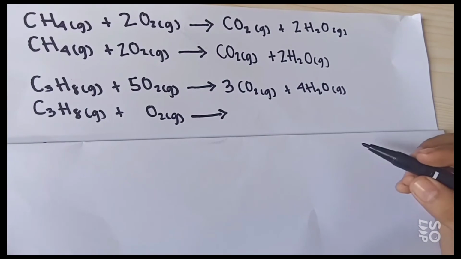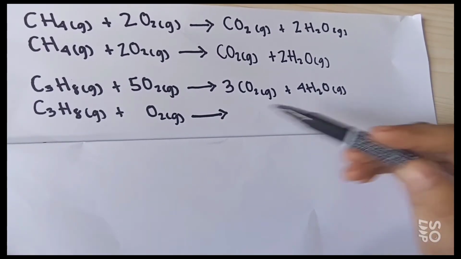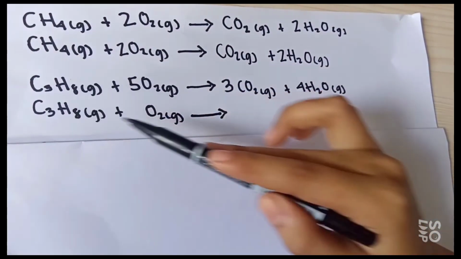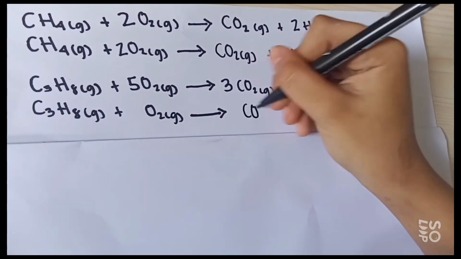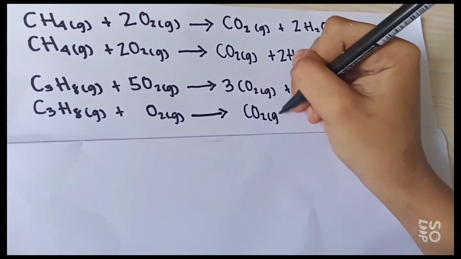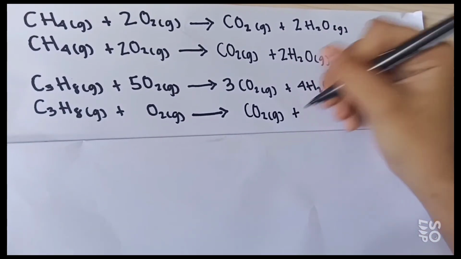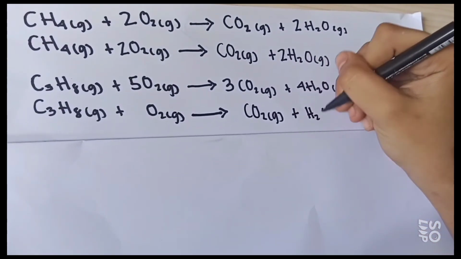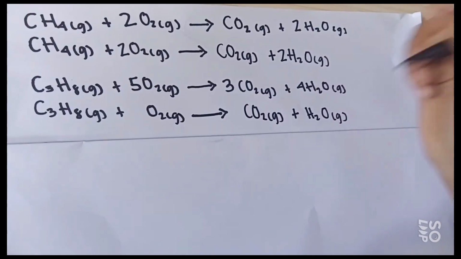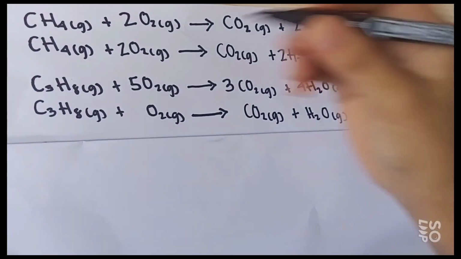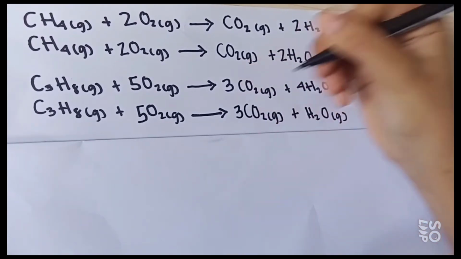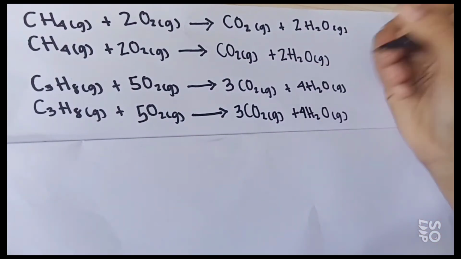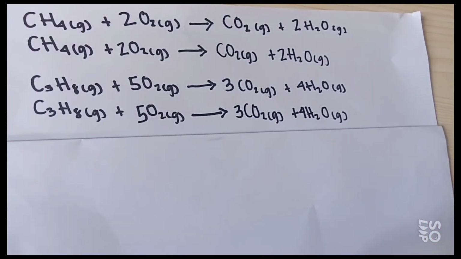Since it involves hydrocarbon reacting with oxygen, the product will be CO2 and H2O gas. And we need to put 5 here and 3 here and 4 here to balance the equation.